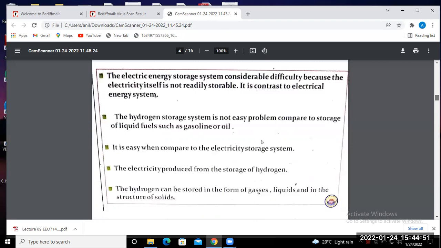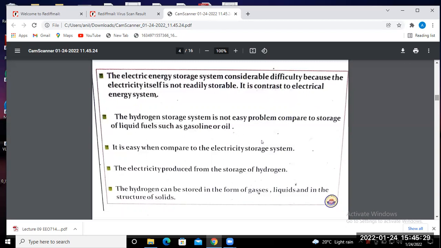Hydrogen can be stored in the form of gas, liquid, or in the structure of a solid material. In this way we can more easily transfer it from one place to another through a tank or a structure.